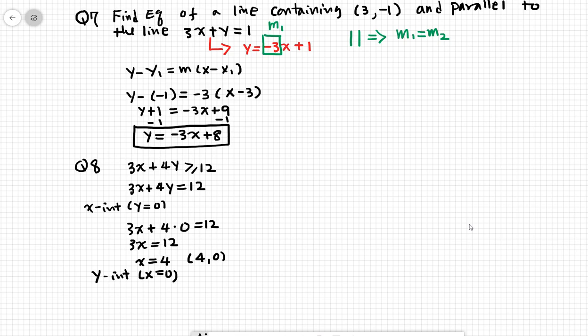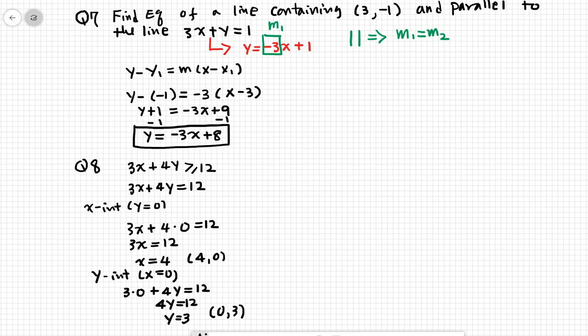Again, plug that in. So you get 3 times 0 plus 4y equals 12. Divided by 4 on both sides, I get y equals 3. So that means the y-intercept is going to be (0, 3).